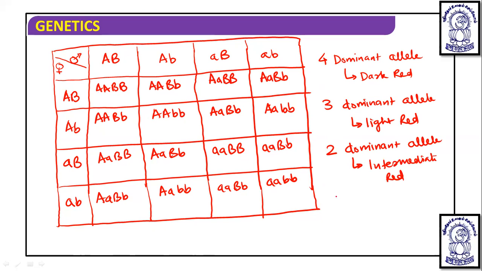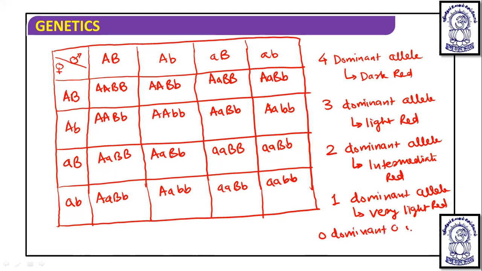And when there is one dominant allele, it is either A or B, it doesn't matter, that genotype with one dominant allele is going to produce very light red. And when there are zero dominant alleles, it is not going to give any pigmentation, so the phenotype is going to be white.